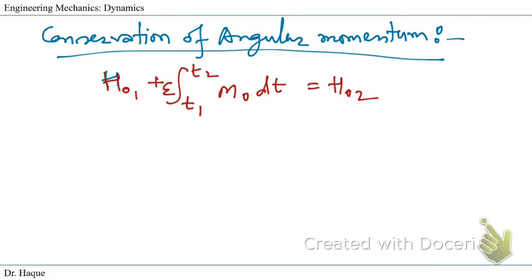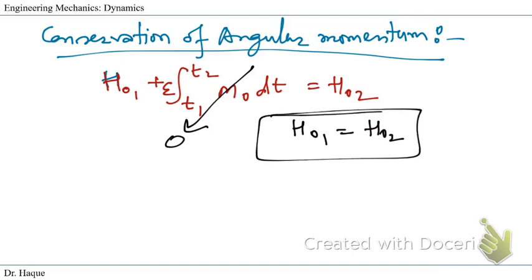If we assume that there is no angular impulse, which is 0, then the conservation principle tells us H01 equals H02. We also had a conservation of momentum equation, and now we have a conservation of angular momentum equation, from time t1 to time t2.